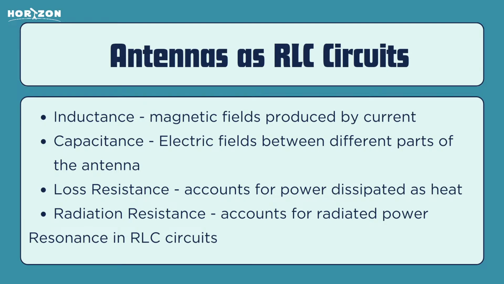The inductance of an antenna arises from the magnetic fields generated by the current flowing through the antenna's conductive elements. We all know that all conductors possess some inductance due to their shape.